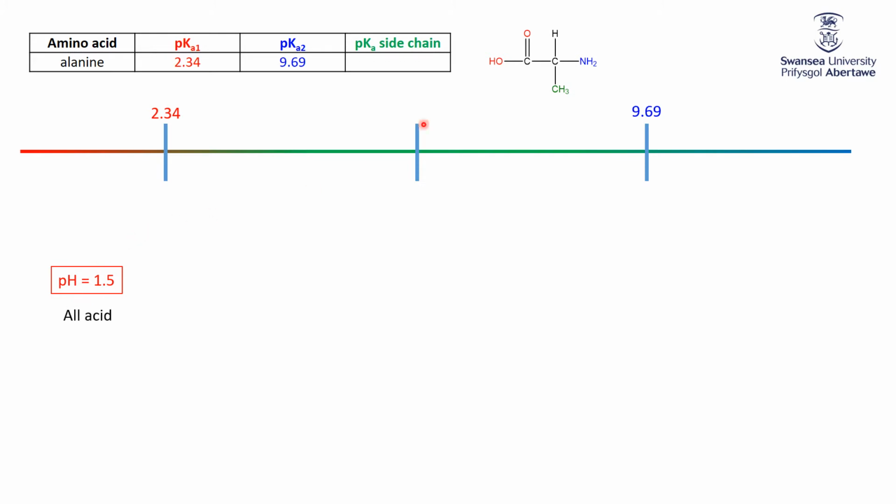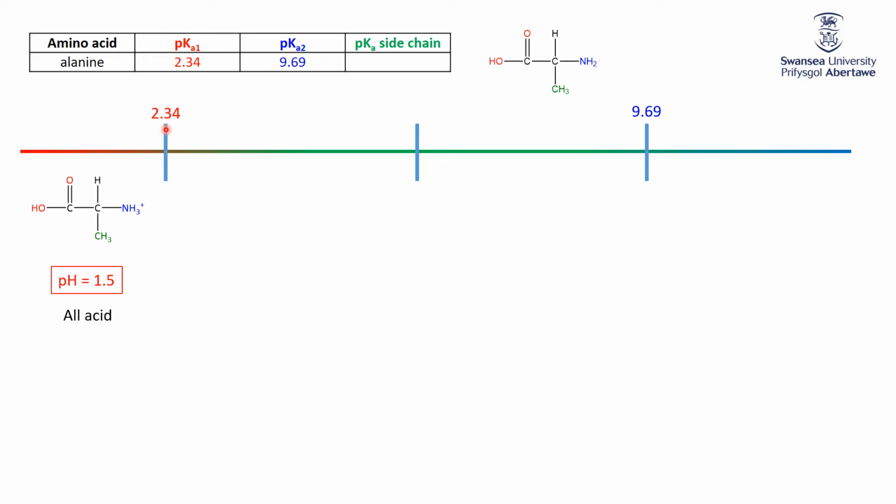So that means that the acid group has got its proton on it, and the amine group is in its protonated conjugate acid form. Everything has the extra proton on it. So the acid has its proton that we know about anyway. The amine has the protonated form. Now, as long as the pH is less than that first pKa, this is the dominant structure.